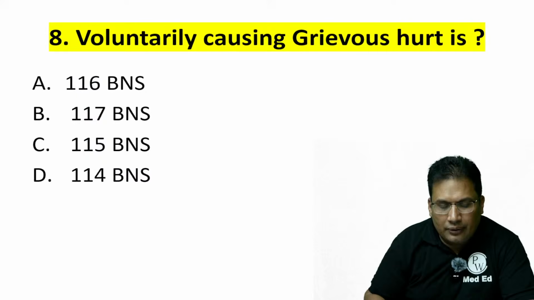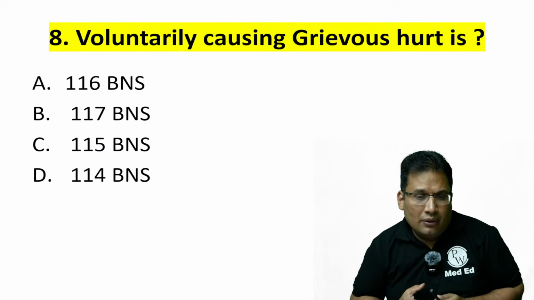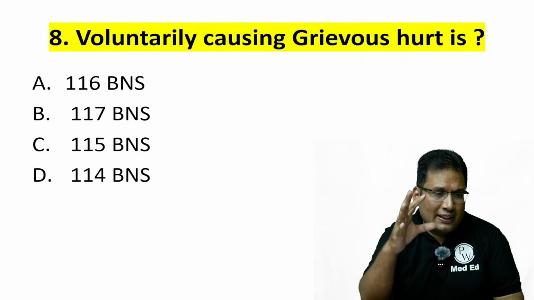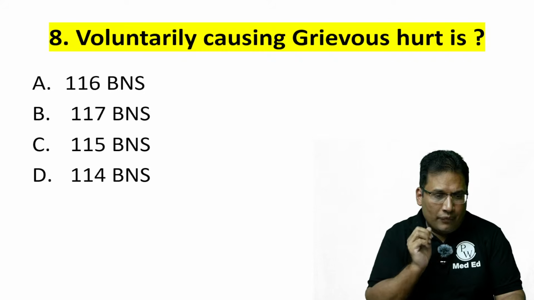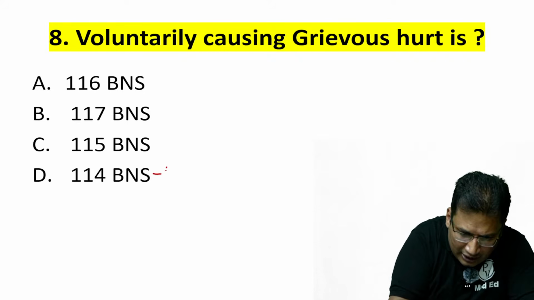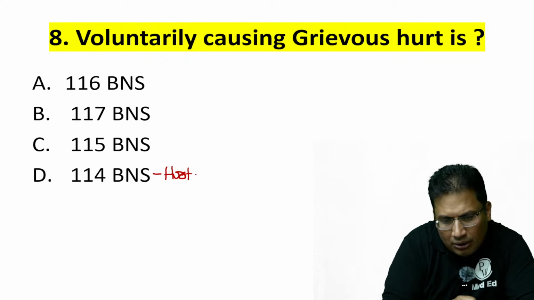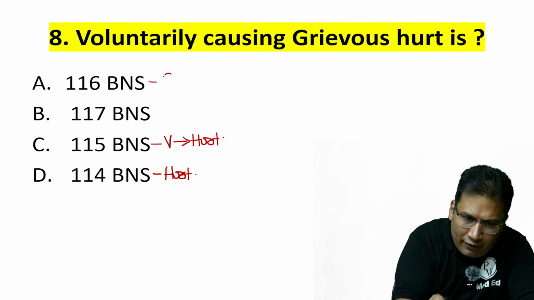चलो, next question. Voluntarily causing grievous hurt. Options है, 116 लिखा है, 117 है, 115 है, 114 है. So try to answer. 114 already I said hurt है, चोट है, simple चोट है. 115 voluntarily causing hurt है. 116 grievous hurt है.